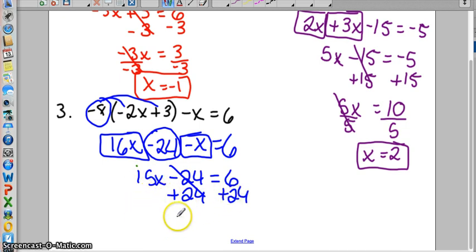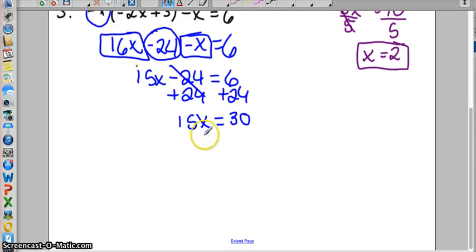Whatever you do to one side, you do to the other. So we have 15x equals, and 24 plus 6 gives us 30. And 15 times x is what this says. So to cancel out multiplication, we divide both sides by 15. So x is now by itself, so we get x equals positive 2.